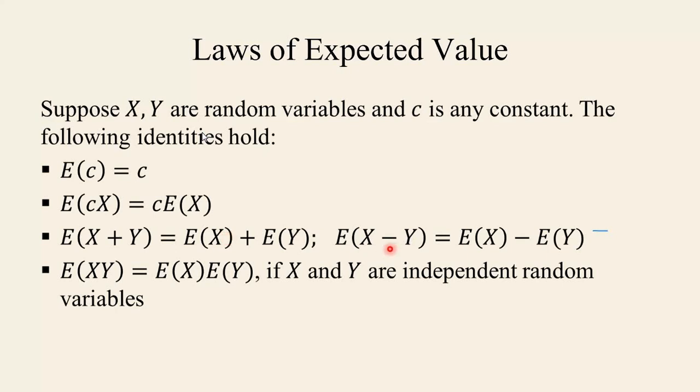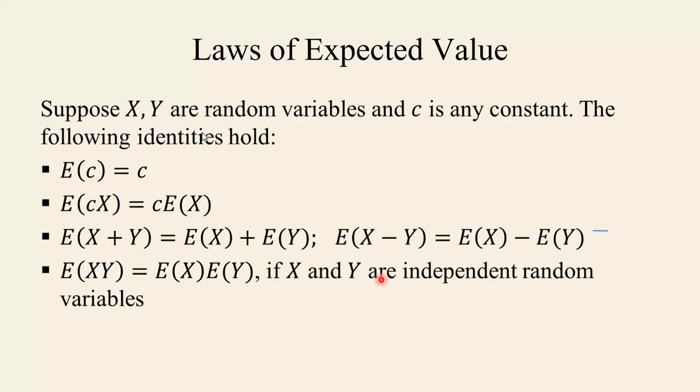This is the same for subtraction also. Then when we are multiplying two random variables, if these two random variables are independent, then the expected value of XY is the same as the expected value of X into the expected value of Y. It is only appropriate if X and Y are independent variables.